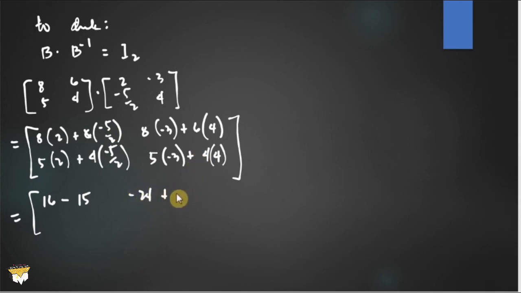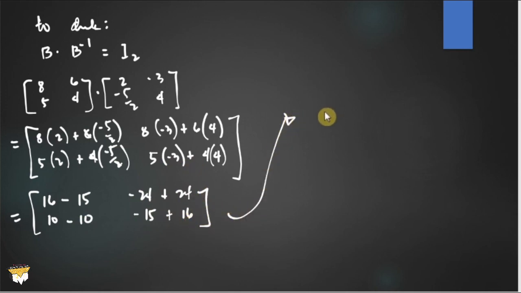Plus 6 times 4 is 24. Then, 5 times 2 is 10. This is negative, so subtraction. So, that will become also negative. So, this will be cancelled. This will be 2. So, that's negative 10. So, that's 10. Then, 5 times negative 3 is negative 15. Then, plus 4 times 4 is 16.